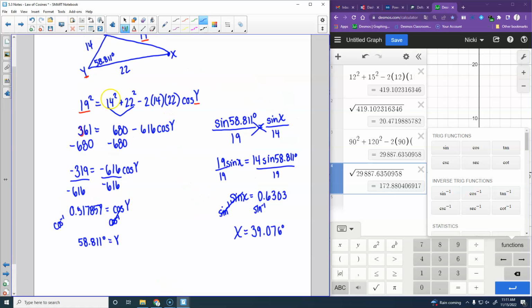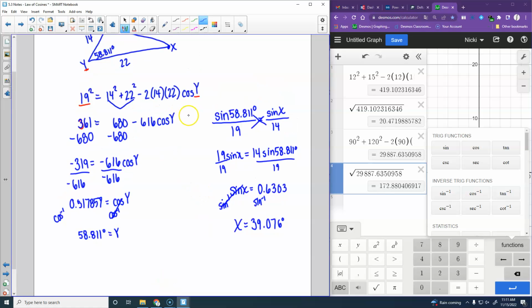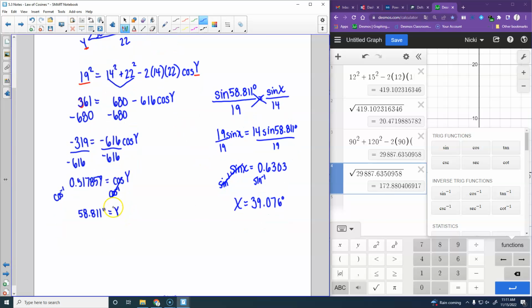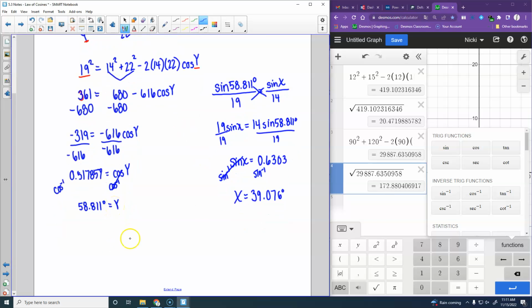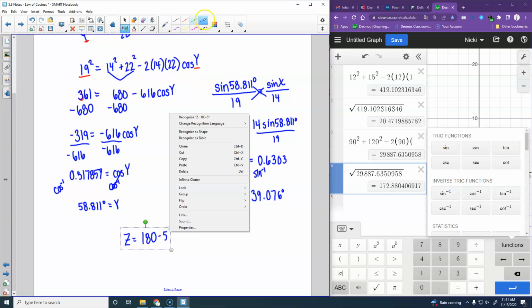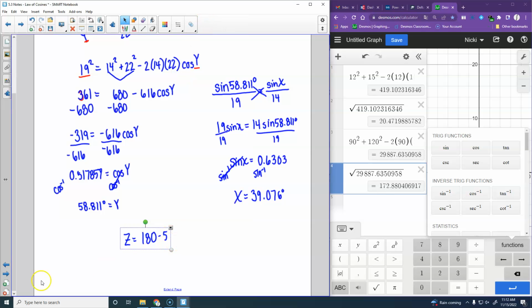Again, you could use law of cosines if you'd rather. So we get these two angles. Now that you have two angles, to find the third one, you're going to do 180 minus 58.811 minus 39.076.